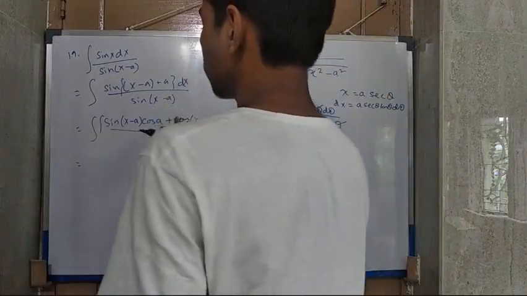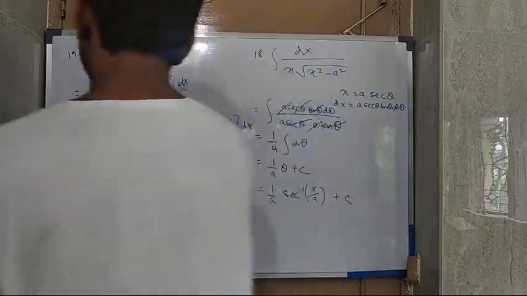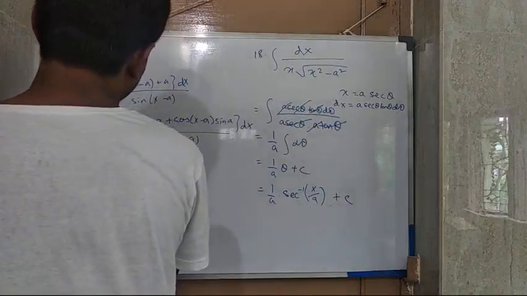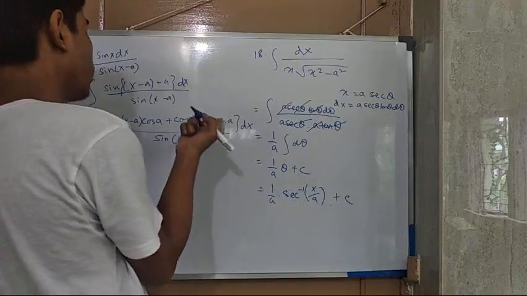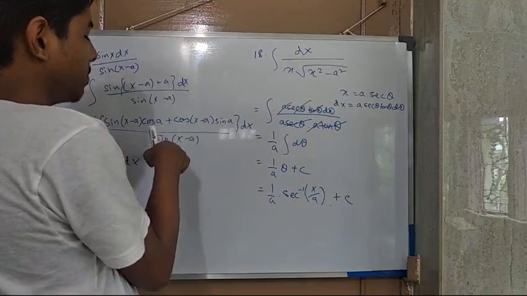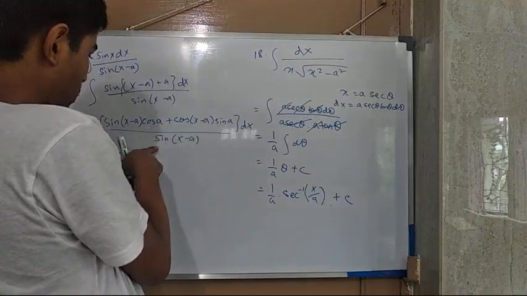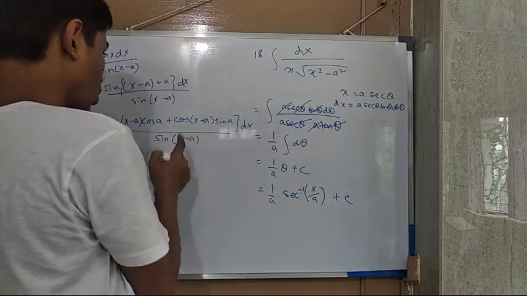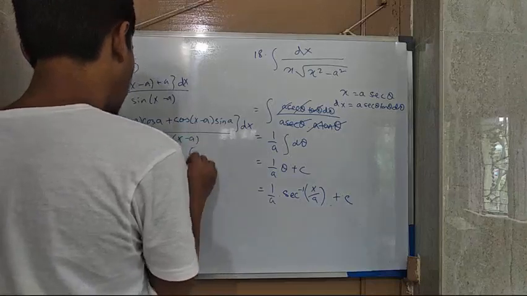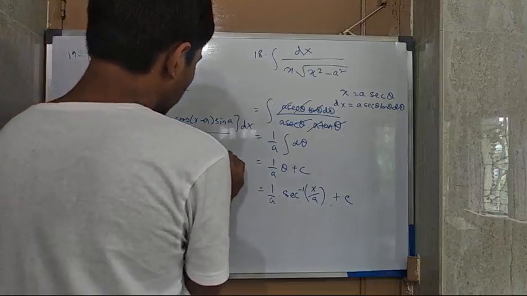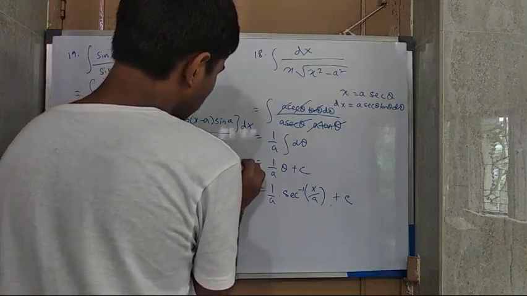This cos a is constant, so it will get out of the integration. So this is cos a integral dx, and here sin a is constant, so sin a will get out of the integration, and this will become cot of (x minus a) dx.